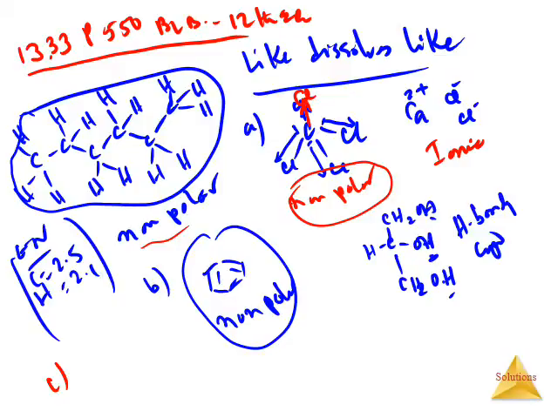Octanoic acid, from the name you know that octane has 8 carbons. 1, 2, 3, 4, 5, 6, 7, 8, COOH. That's octanoic acid. And acetic acid. I left out hydrogen. And you know how to fill in with hydrogen if you want to.